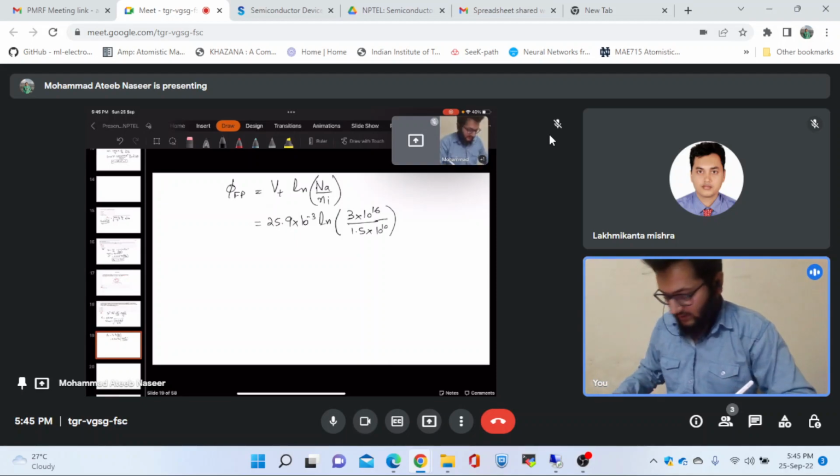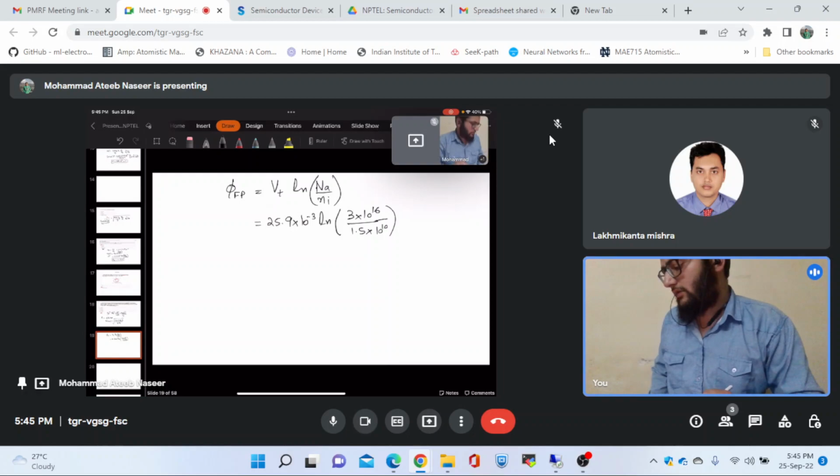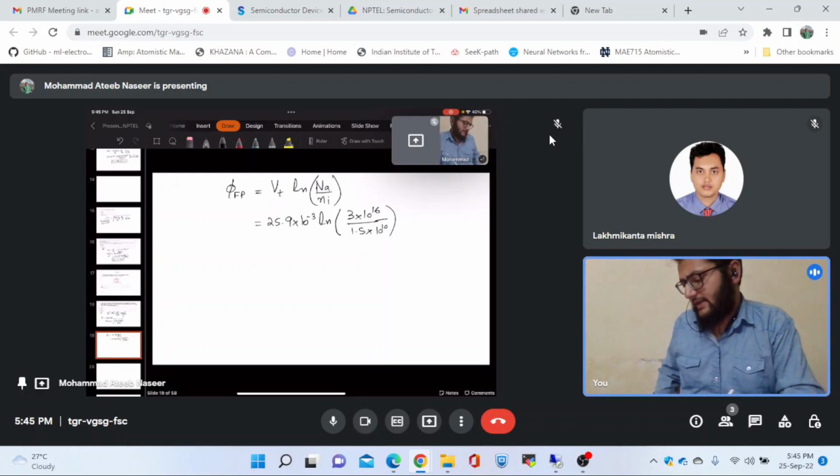So let us calculate these values. The ln comes out to be equal to 0.3577.